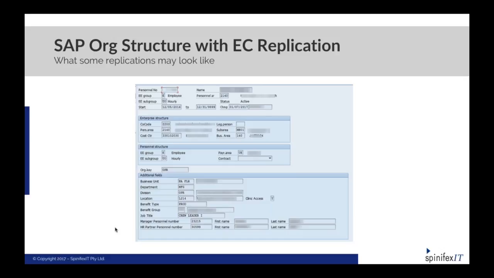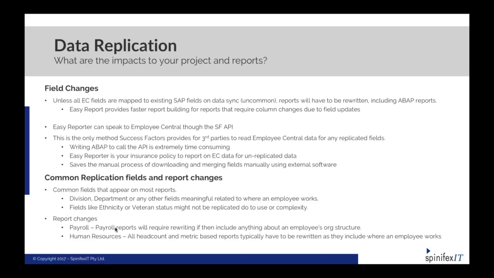That's one way of doing it. And the point-to-point integration in EC Payroll is pretty good. It provides quite a lot out of the box, but obviously it's not going to provide everything. So if you do need to report on some of the data that's not in those areas, what are you going to do?